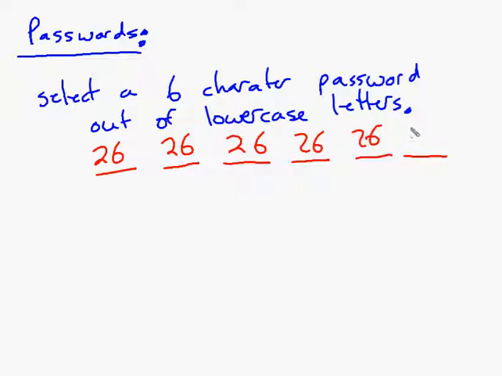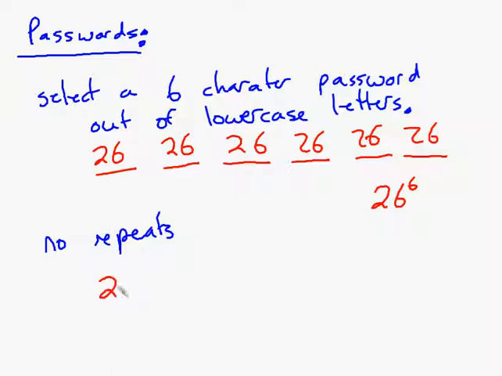Now, if you said no repeats, then you do 26 times 25 times 24 times, and so on. So we'll add that: no repeats. We're saying you can't have your password be all As, nothing like that. In that case, we could write this as a permutation.